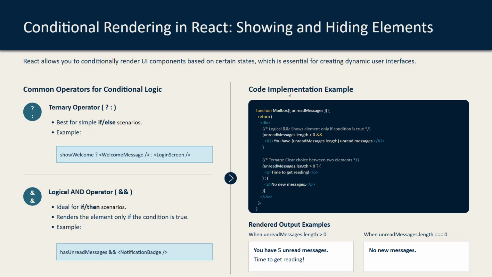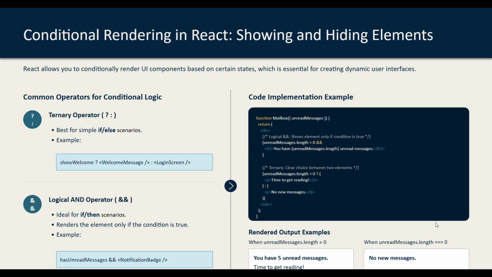And then another common operator is the logical AND operator, which is usually denoted by two ampersands. It is useful when you only want to show something if a condition is true, and if the condition is false, React does not render that element. So, in this example, if there are any unread messages, React just shows the message count.